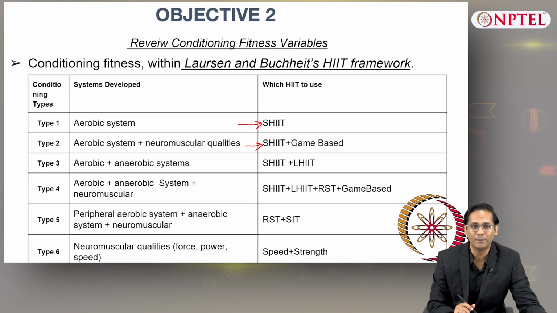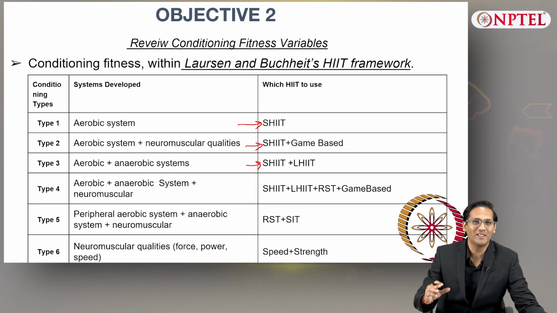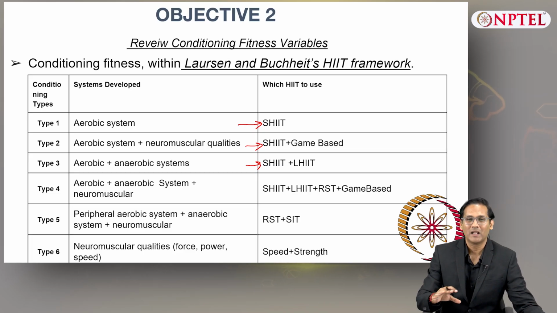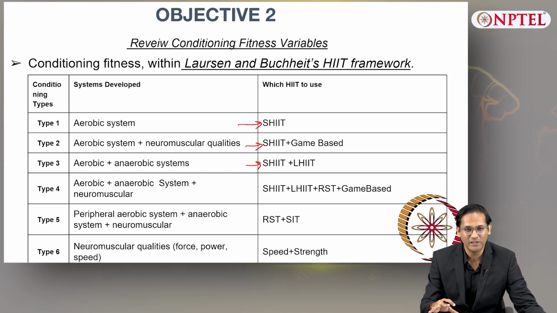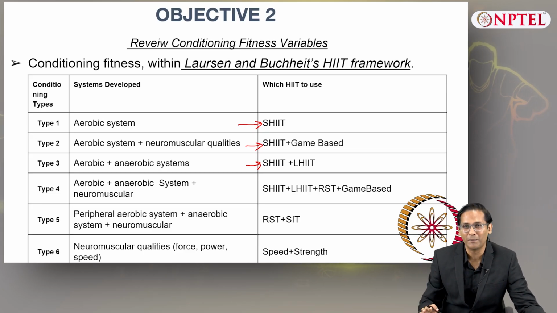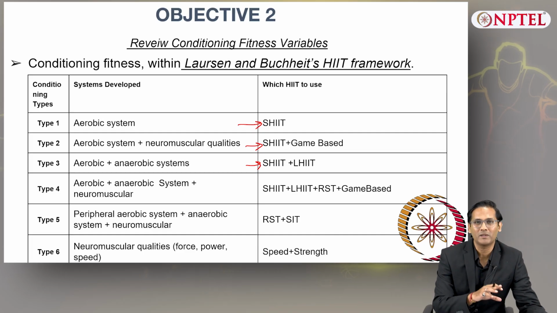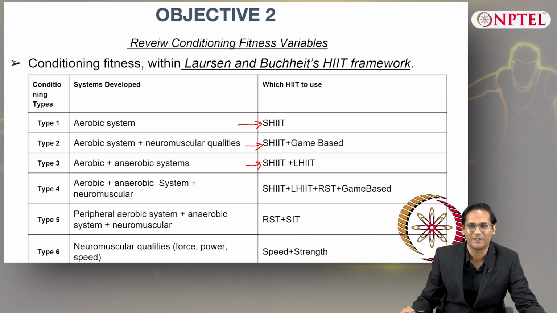If you want to develop type 3, you select short HIIT and long HIIT. Again, within this framework, it becomes very easy to select a training method that will help to develop the respective types of conditioning.